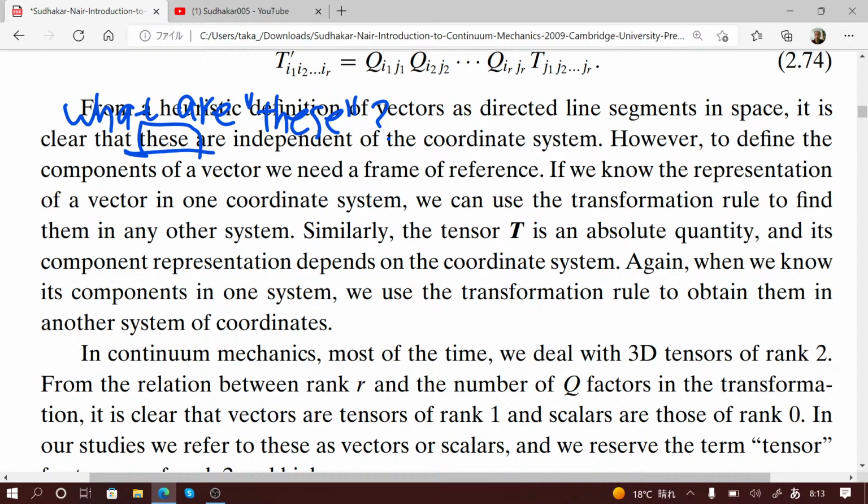What are independent of? What are independent of the coordinate system?